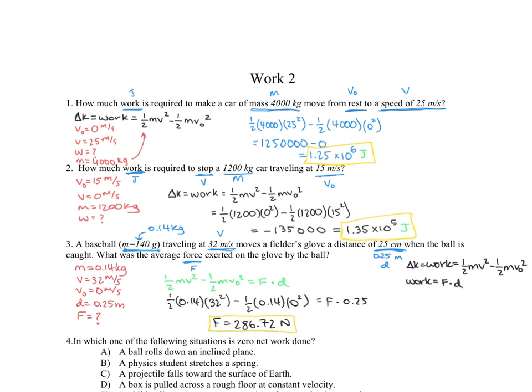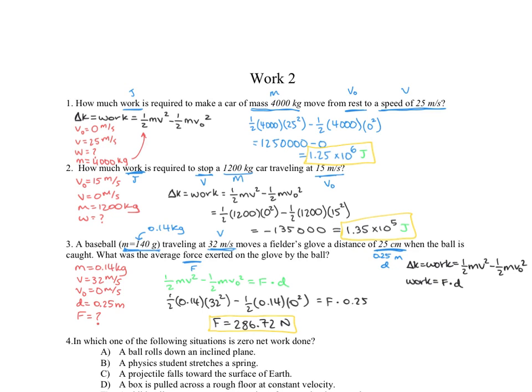Now let's recap. In number 3, we took our mass, our velocity, and displacement, and we're trying to find force. So we have those three variables, and of course, the v naught is equal to 0, but that wasn't necessarily used here, except for canceling out.